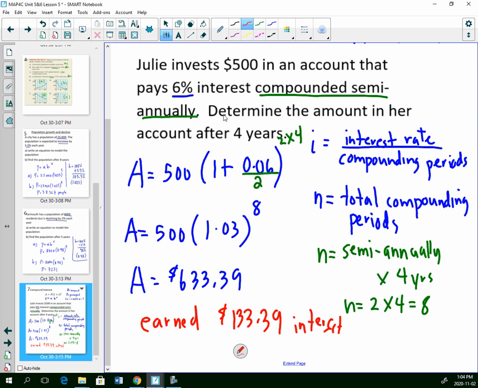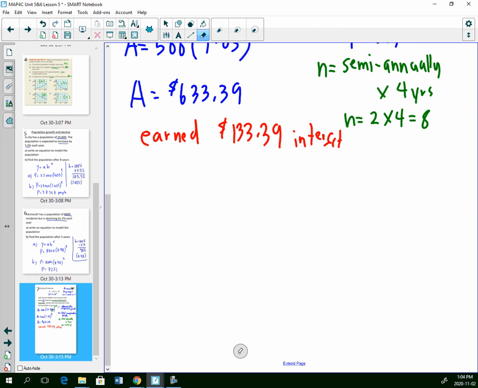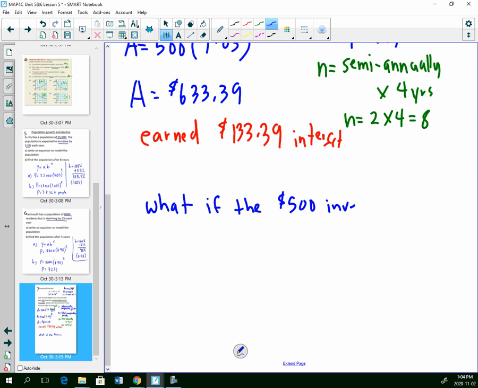Okay, the 500 that we started with, take that away from the total, and that's telling you how much interest you earned. Let's say it was compounded monthly. What if that $500 investment was compounded monthly?